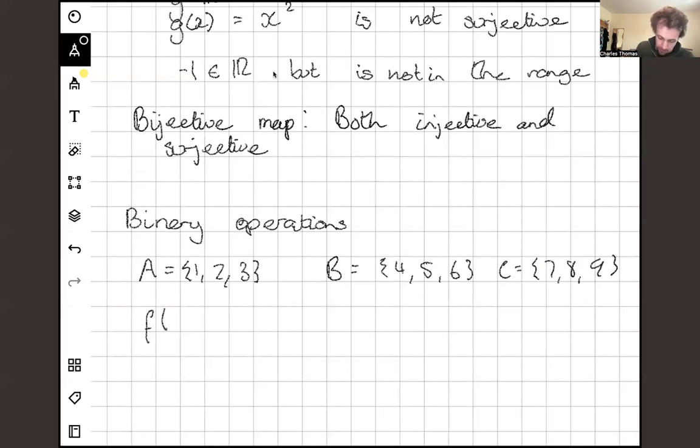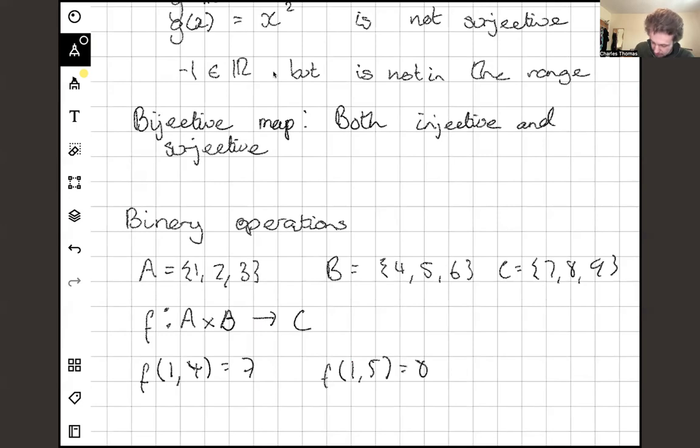I can define a function that takes an input from A, an input from B, and sends it to something in C. And I might define it so f of 1, 4 is 7, f of 1, 5 is 8, f of 1, 6 is 9, and so on.